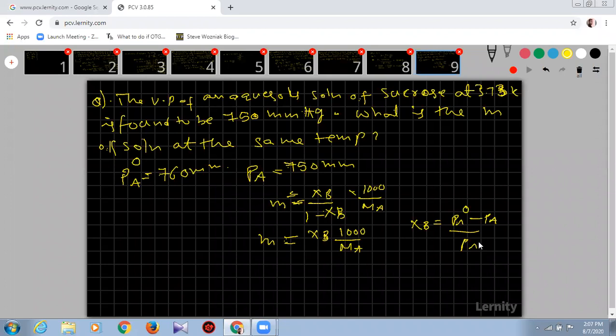This is the relative lowering of vapor pressure. The same I will substitute over here. So (PA naught minus PA) by PA naught.